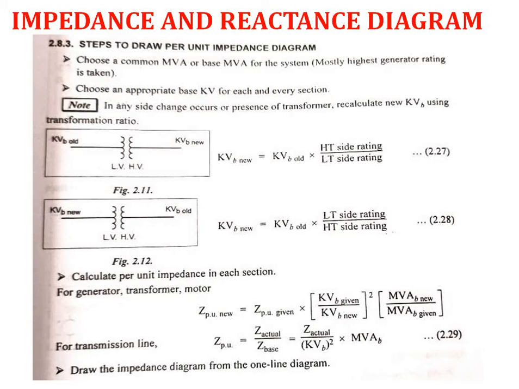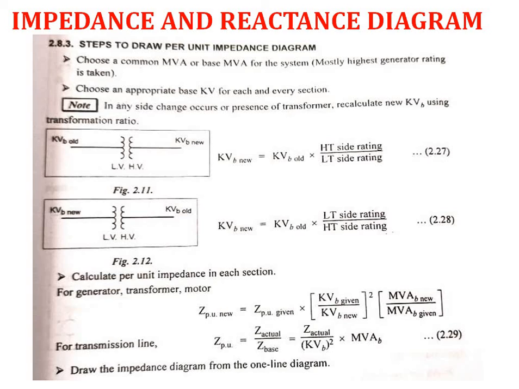In the second case, the diagram is represented for kVb new on the LV side and kVb old on the HV side, then kVb new is equal to kVb old into LT side divided by HT side. As already mentioned, use the same formula to calculate per unit impedance in each section for generator, transformer, and motor.